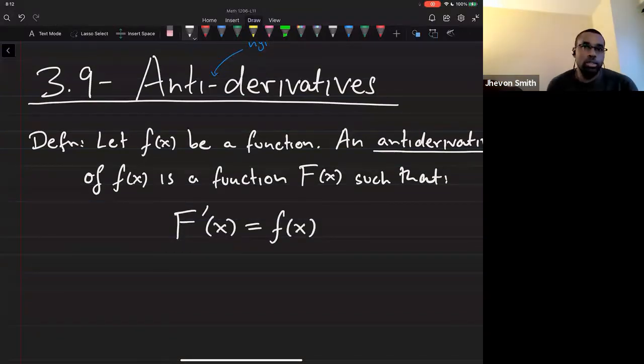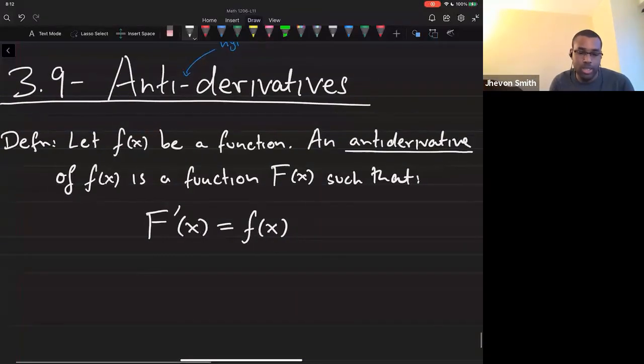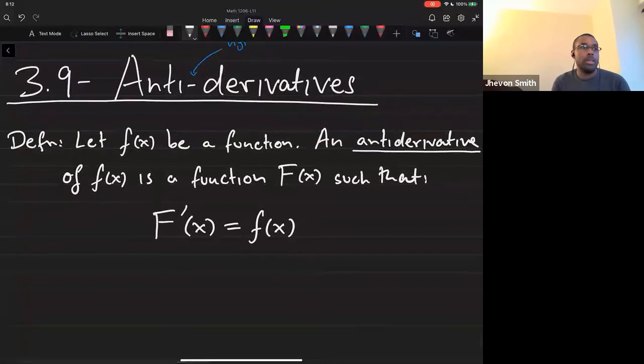So the antiderivative of a function is some other function that if I were to differentiate it, I would get the function that I'm currently looking at, right? So that's called the antiderivative.